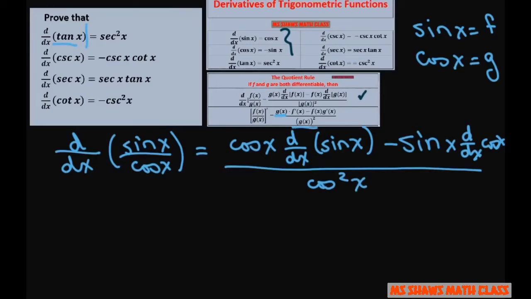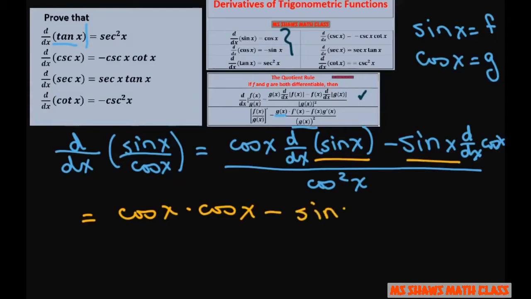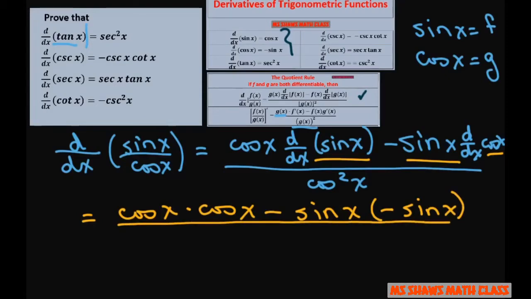Now simplifying this, we're going to get cosine of x times the derivative of sine of x, which is cosine of x, minus sine of x times the derivative of cosine of x, which is negative sine of x, divided by cosine squared of x.